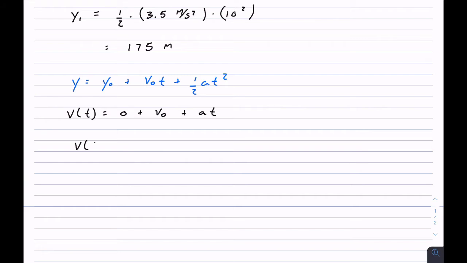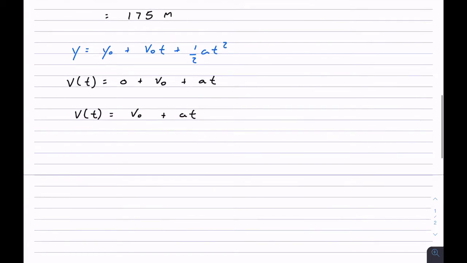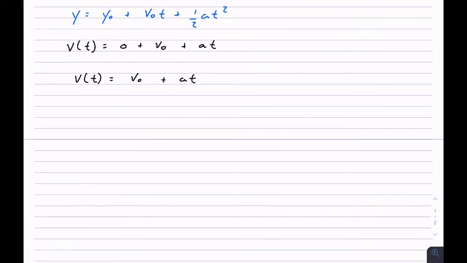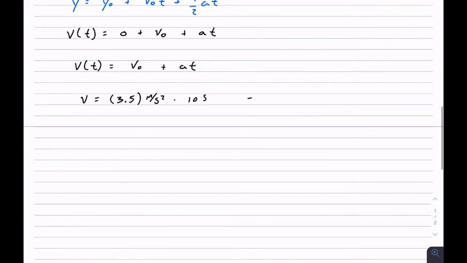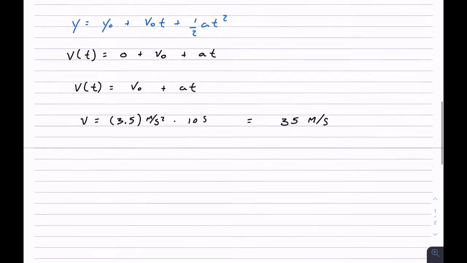So v of t is equal to v naught plus at. We want to know what the speed of the rocket is after 10 seconds. We have an acceleration, we have a time, we know that v naught is 0 because we're starting from rest. So v is equal to 3.5 meters per second squared times 10 seconds, which equals 35 meters per second.